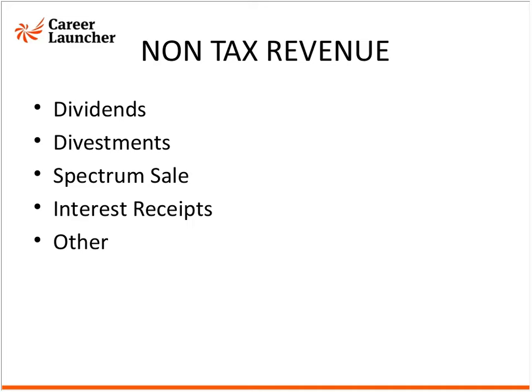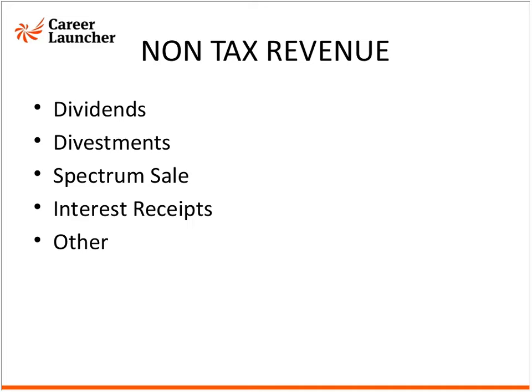All your 3G, 4G, 2G need spectrum to be transmitted. These spectrums are owned by the government, and the government earns revenue when it does a spectrum auction or a spectrum sale. These telecom companies have to bid for buying these spectrum bands, and whatever amount the government gets from this bidding becomes part of the non-tax revenue from spectrum sale.